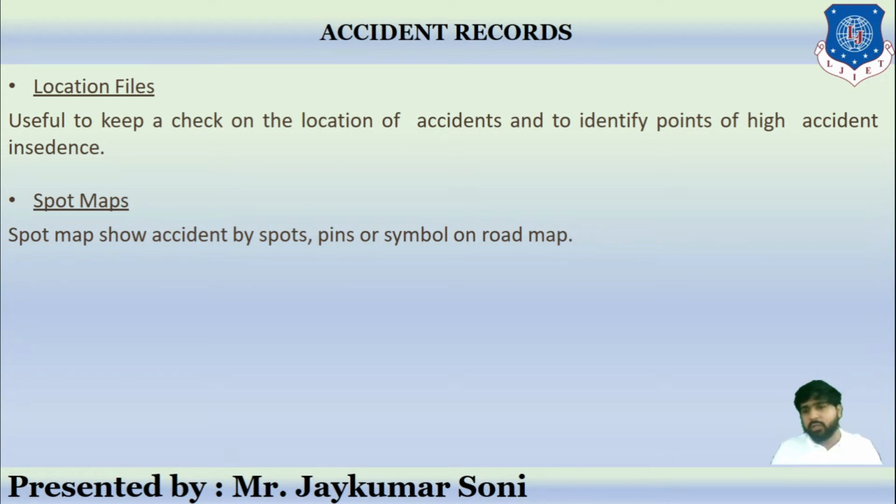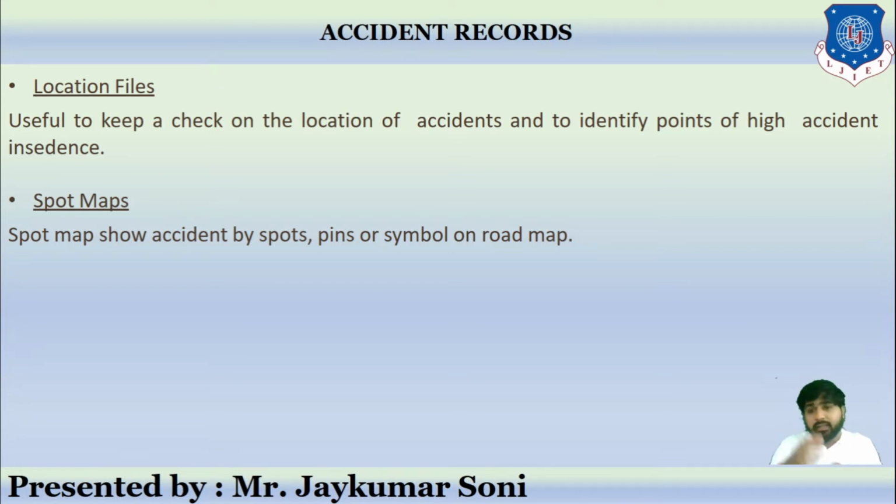What they do is go to the police station of the particular road stretch, collect the accident data, and then go to the site and observe it, comparing the variations between the collected data and the actual situation. With the help of this, everything is established and the accident records are maintained, and the research can be done.